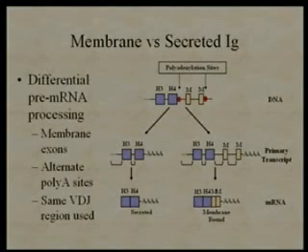Now, every one of the heavy chain constant region genes has these membrane exons associated with it. What that means is that after the class switch has occurred, those cells can have either a secreted form or a membrane-bound form.